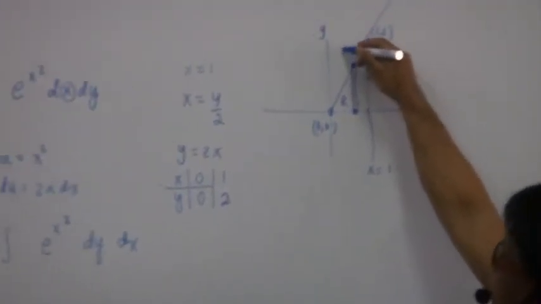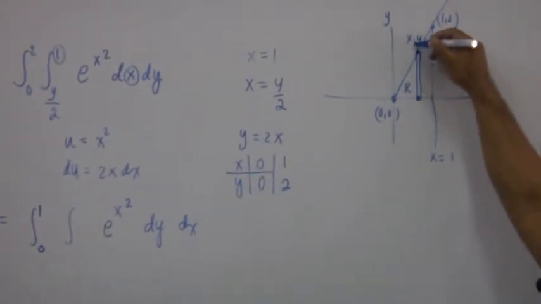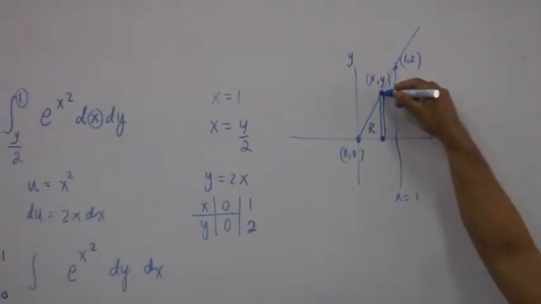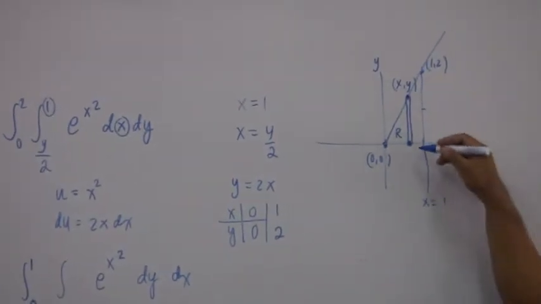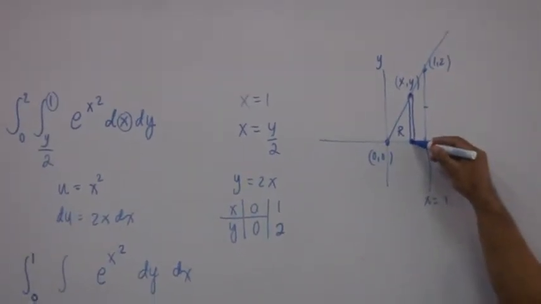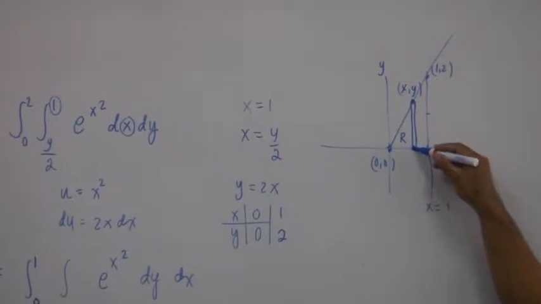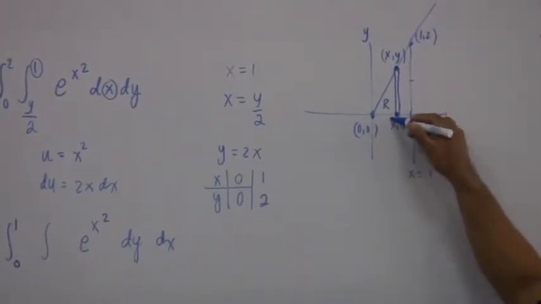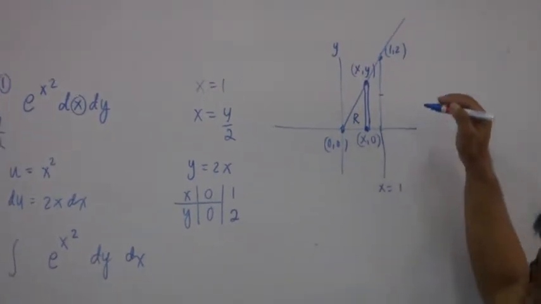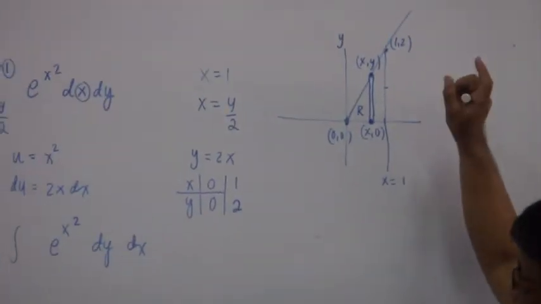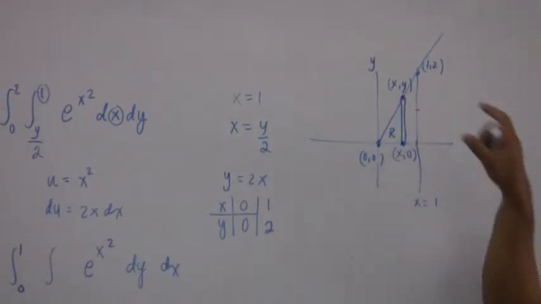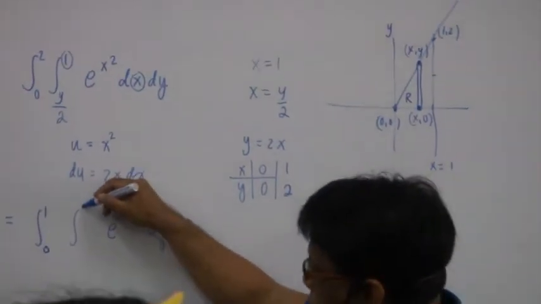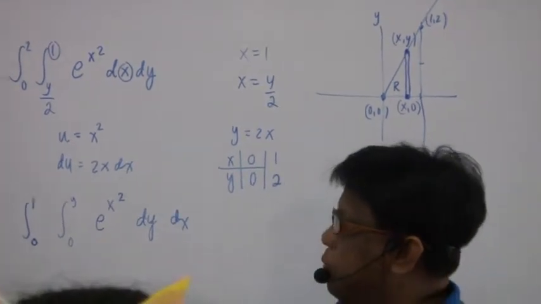This is the point x, y on the line, and the other is the endpoint on the other side of the rectangle at the x-axis, x, 0. When you define the limits for dy, it will be y up minus y down, so y, and then 0.